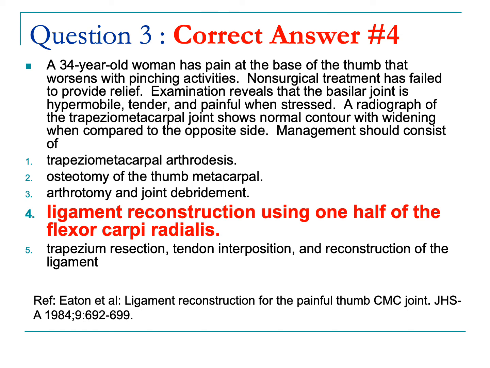And other surgeons have suggested that arthroscopy, debridement, and shrinkage will also deal effectively with the hyperlaxity. I believe, however, that the ligament reconstruction has stood the test of time and is the choice of most surgeons.